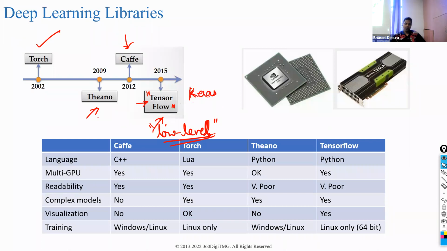He has come up with Keras. Keras is a high-level programming language. And from TensorFlow version 2 onwards, Keras is incorporated into TensorFlow so as to make the life of people very easy in terms of writing the code. And this TensorFlow is fast because it's a low-level programming language. TensorFlow is from Google, by the way.